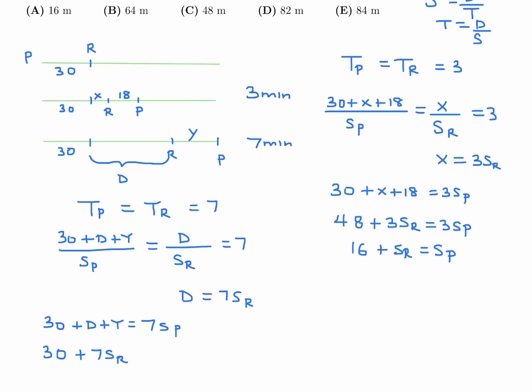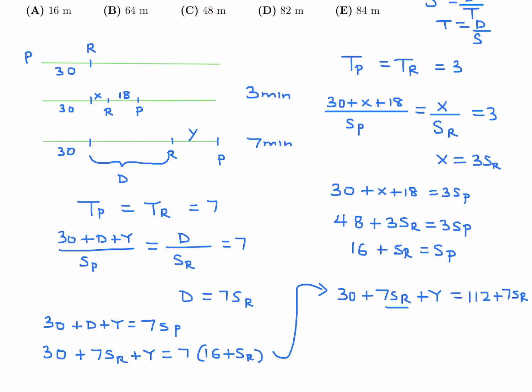Like that, and then let's keep the Y, and then the 7 times SP, but SP is 16 plus SR, so I'll substitute that in like that, and this becomes 30 plus 7SR plus Y, and then when I expand that, I get 7 times 16, which is 112 plus 7SR.